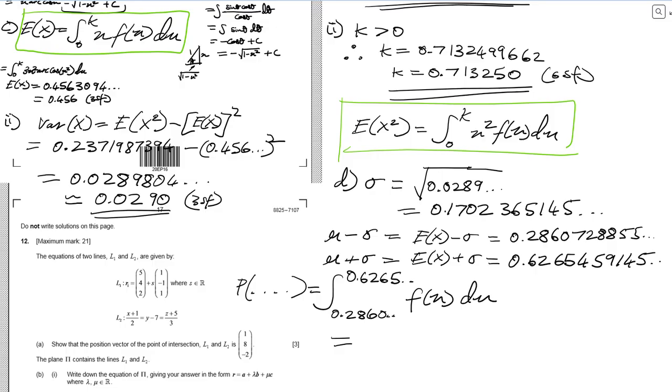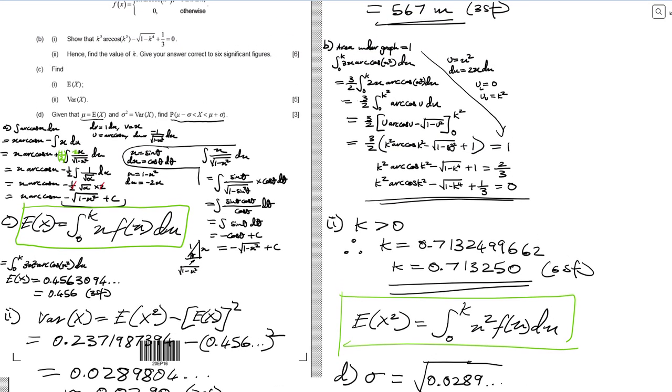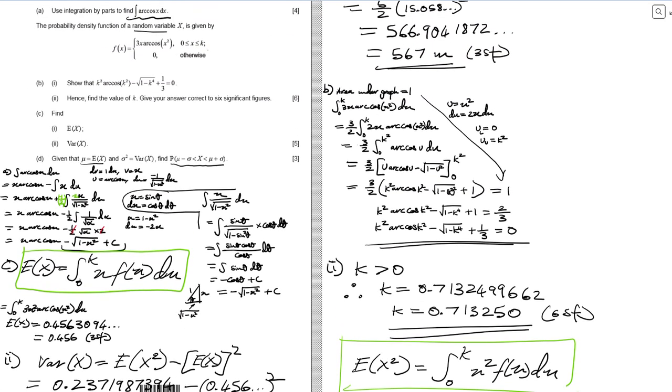And now let's change the function itself. Sorry, the function itself is, what is x? X is 3x. So we have 3x arc cos x squared.